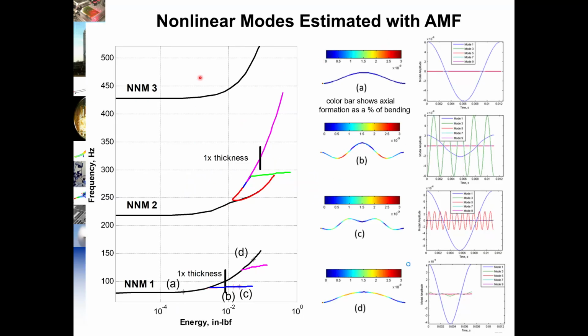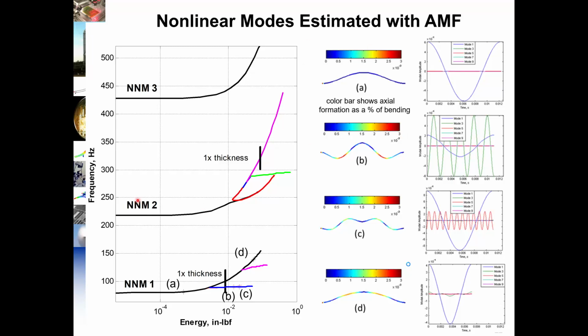Here's a summary on the first 3 modes of the beam. You can see the various internal resonances that can pop up. These plots show the deformation in the beam, so low amplitude, very little axial stretch in the beam. At high amplitude, the color bar shows us we get a lot of axial stretch in these regions. And then in the internal resonances, we get higher modes excited.